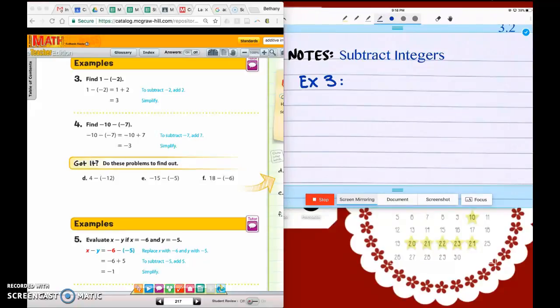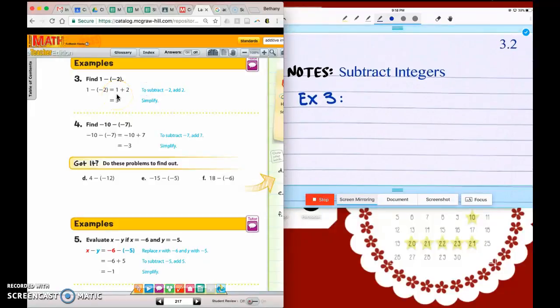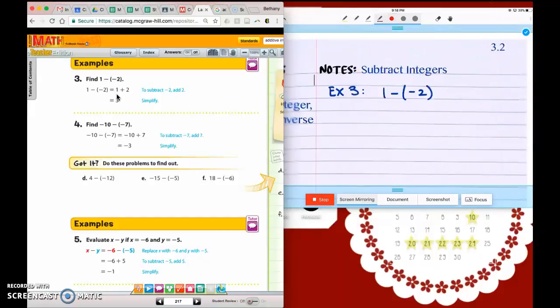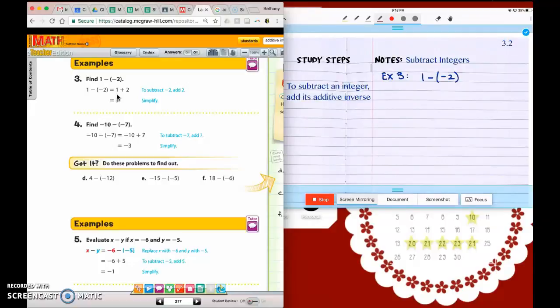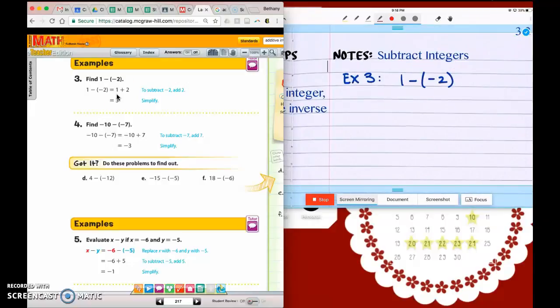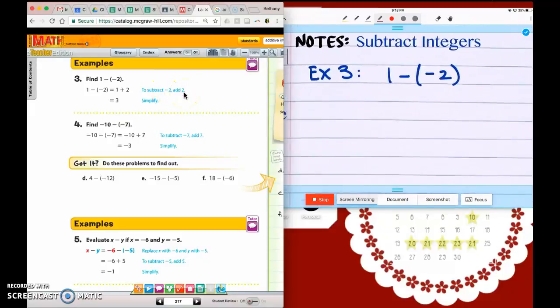We have the same processes, right? So seeing these blue steps, and these blue steps are in every single section, they tell you what to do. They help you figure out how to do the problems, right? So I have 1 minus a negative 2, and the step tells you, again, with our study steps, to subtract an integer, add its additive inverse, and so it says to subtract negative 2, add positive 2, which is the additive inverse.